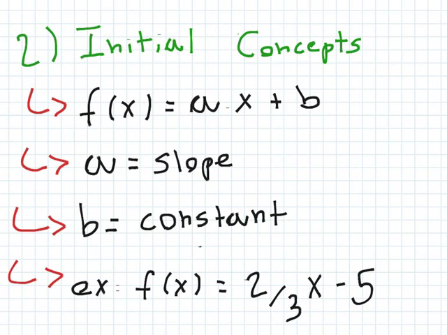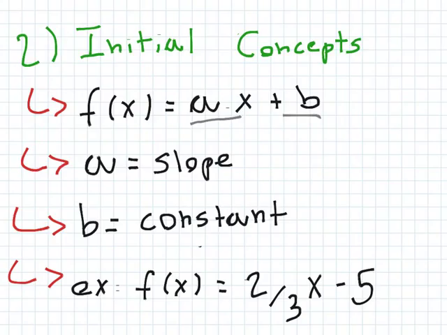And regarding the initial concepts, it's important to keep in mind that the formula for linear functions is f of x equals a times x plus b. As you can see here, I have two terms, and it's important to keep in mind that both a and b are real numbers and that x is also inside the real numbers.